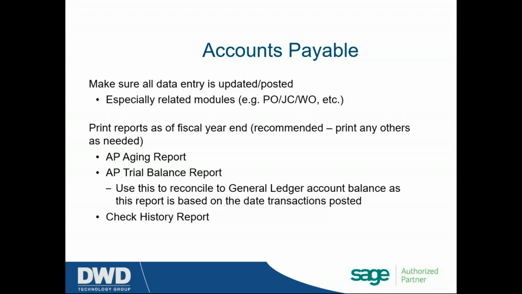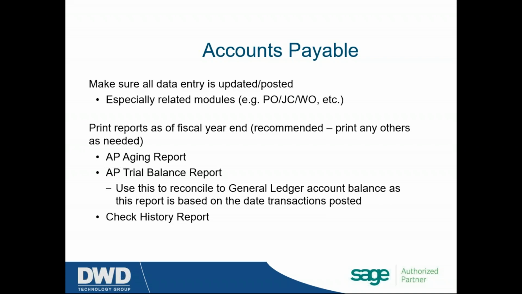So a couple of things. One, your aging report is not the report that you're going to use to reconcile to your general ledger, okay? Because again, it's going by the invoice date. The report that you want to use is the second one, called the AP trial balance, because that one uses the posting date as the cutoff date.